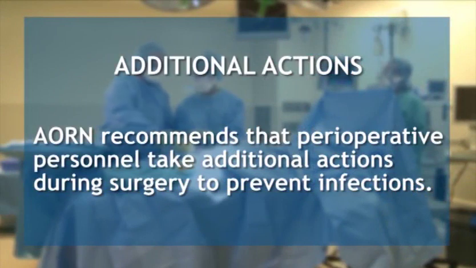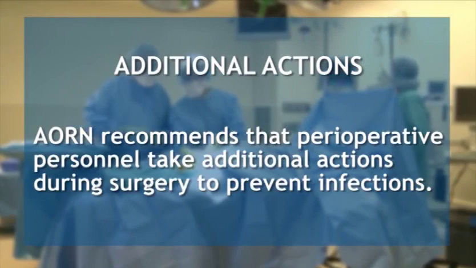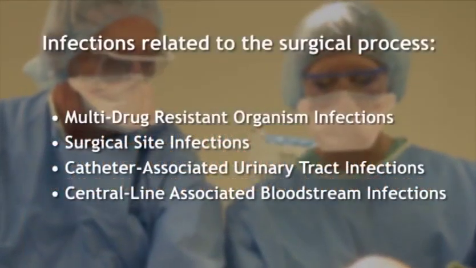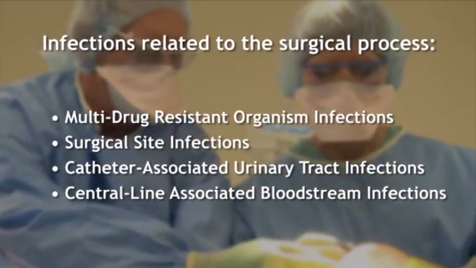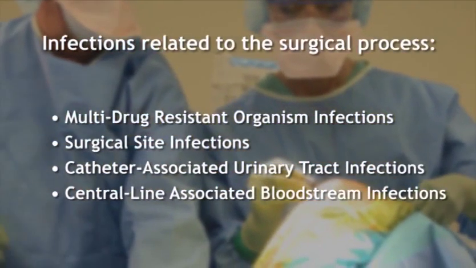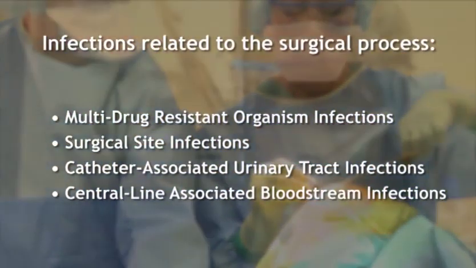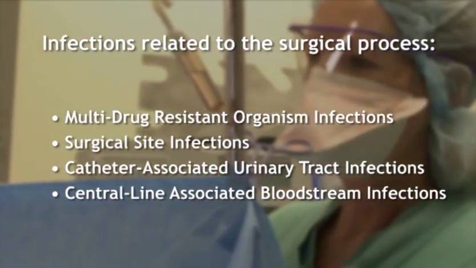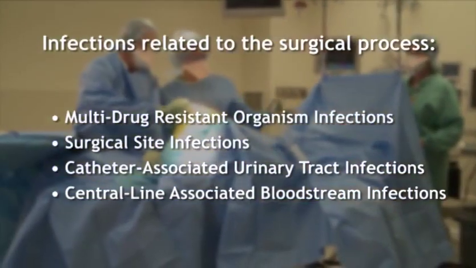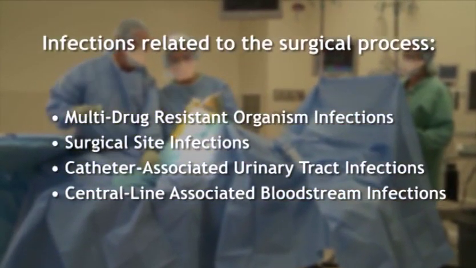AORN recommends that perioperative personnel take additional actions during surgery to prevent infections. There are several main types of infection that are known to occur as a result of the surgical process, including multi-drug-resistant organism infections, surgical site infections, catheter-associated urinary tract infections, and central line-associated bloodstream infections.